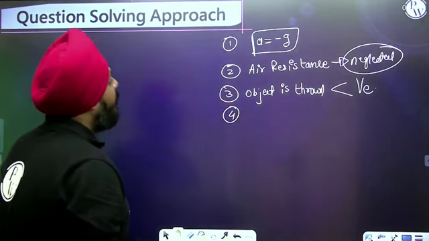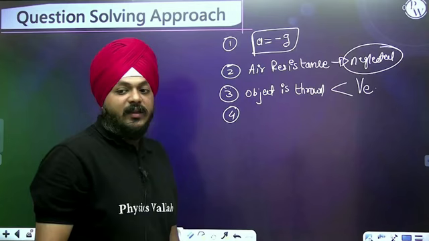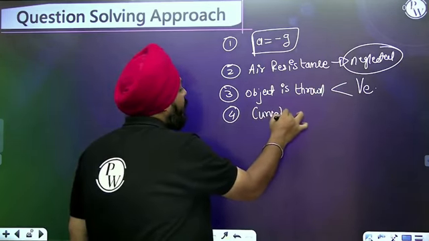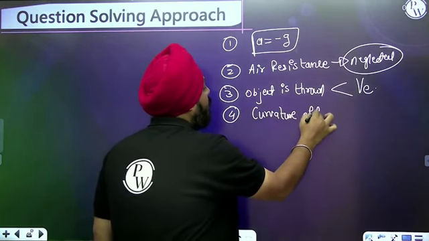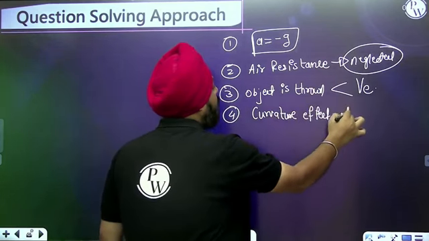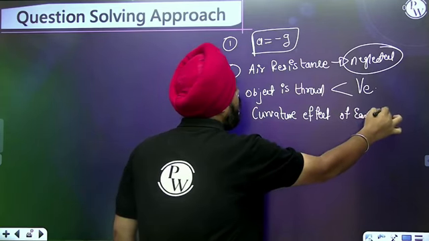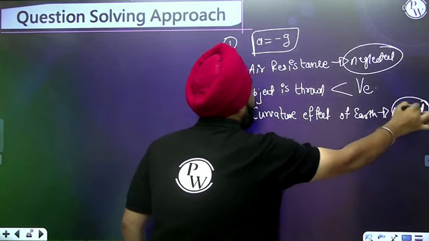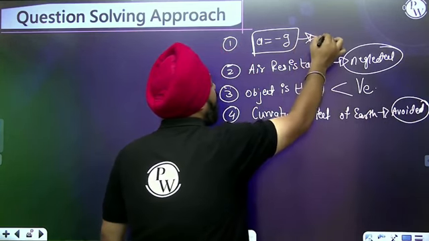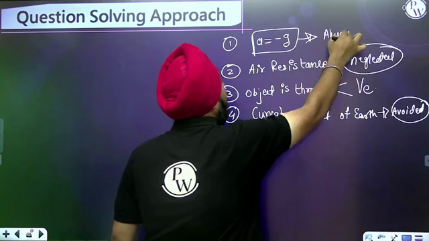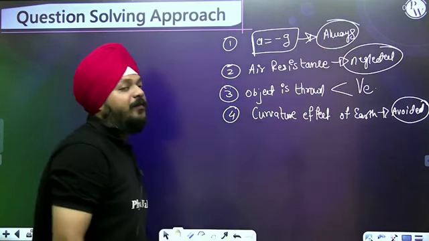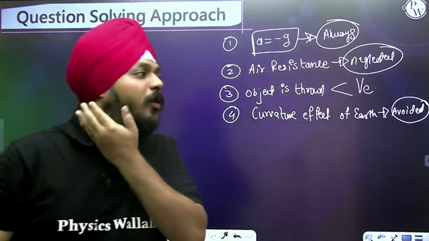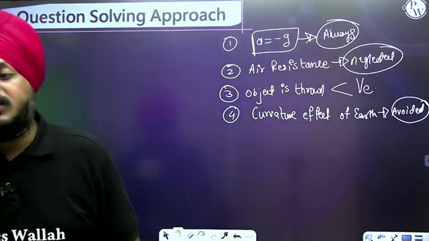And apart from this, the curvature effect of the Earth is always avoided for the maximum number of cases, as we are dealing with motion in a straight line. For kinematics, A will be negative g. The value of g is not changing; the value of g never changes.